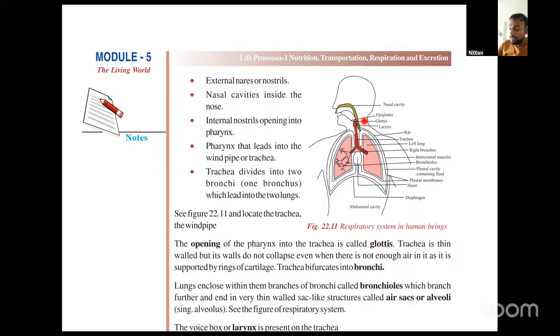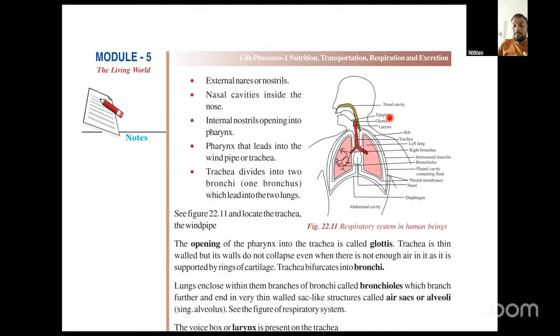Now you can see this is called the epiglottis. The epiglottis is a flap-like thing. For example, when you are breathing, you can't swallow, or if you are swallowing, you can't breathe. Try once. When you are swallowing, for that instant you will not breathe.